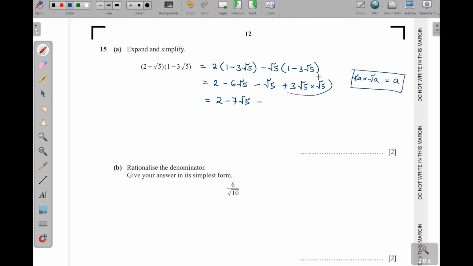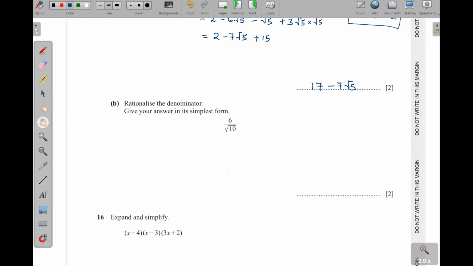Then you come to this one here, it will be 3 times 5, which is a 15. So plus 15 here. Now 2 plus 15, that will be 17. Then minus 7 root of 5. So that will be our answer there.